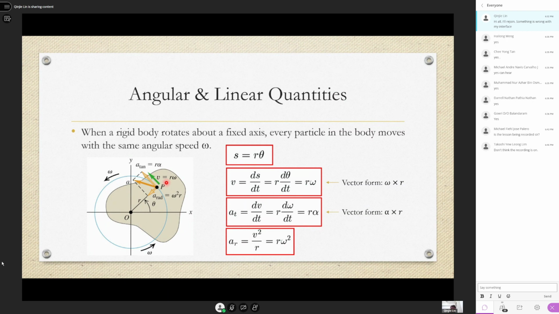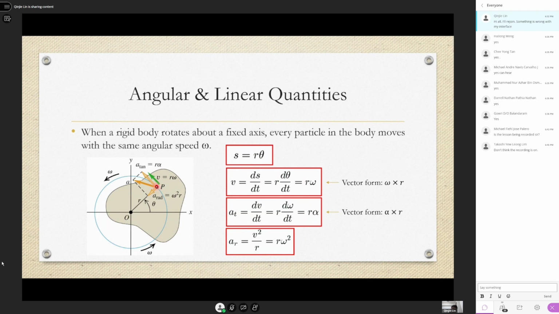Okay, let's continue. So from this, you see for rotation, the angular quantities will remain the same. For example, angular speed. All these will remain the same. But V equals the linear velocity. If we are talking about this point here, on this whole object, we are looking at one point on it.